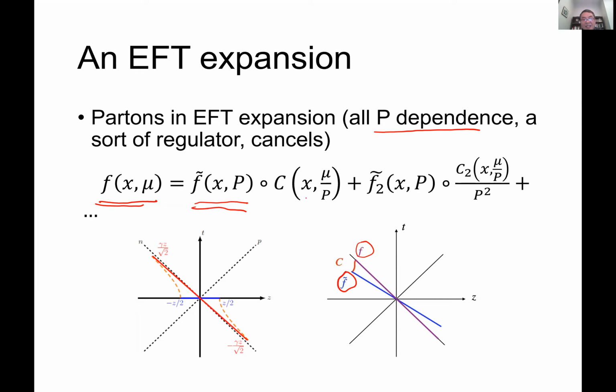This is the coefficient function taking care of the modes between pz up to infinity. And then, of course, you also take into account high dimensional operators. So you have an expansion for physical quantities in terms of large momentum, and that should be independent of the large momentum.